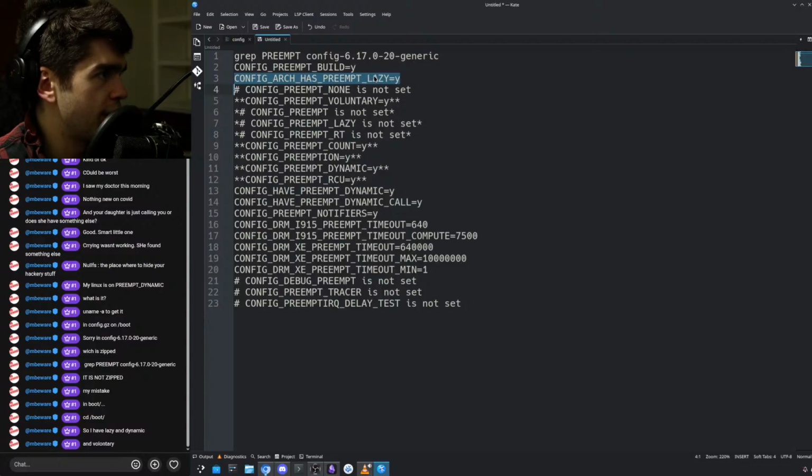So here, just with that, we know that the default should be preempt lazy. Or not? Oh, it says config preempt is not set.